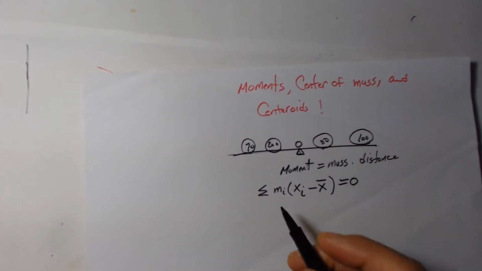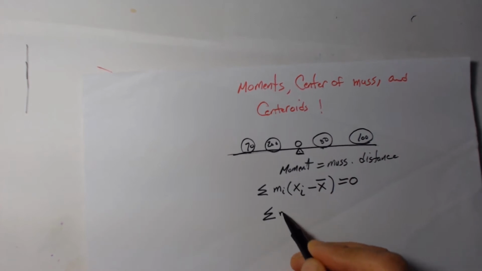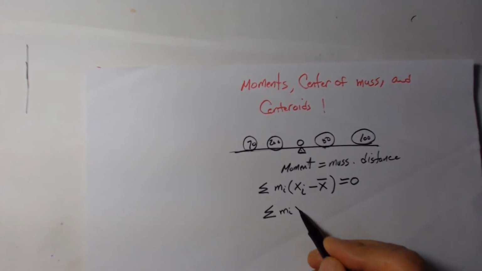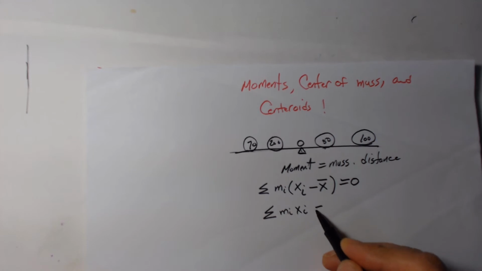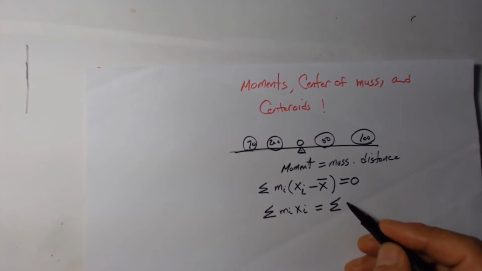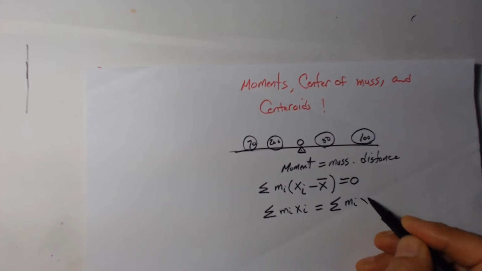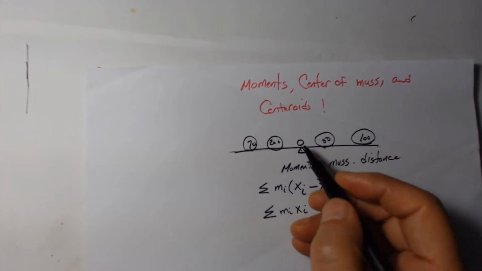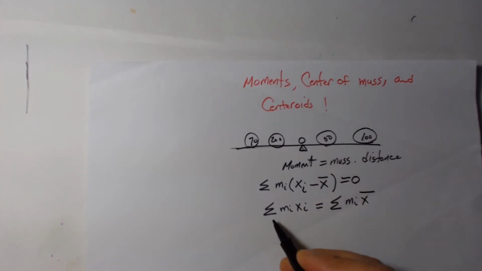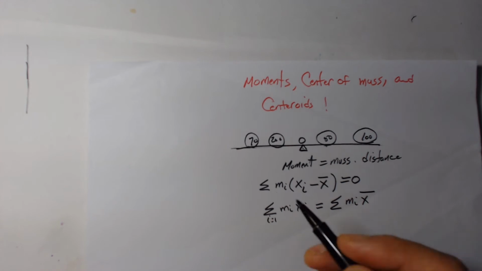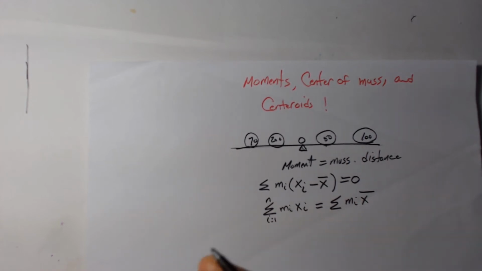What I'm trying to say when I talk about equilibrium is I want the sum of mi xi to become exactly equal to the sum of mi x bar, and x bar is the center of the mass. And here I can go from 1 to n. It depends how many people are going to sit on that.